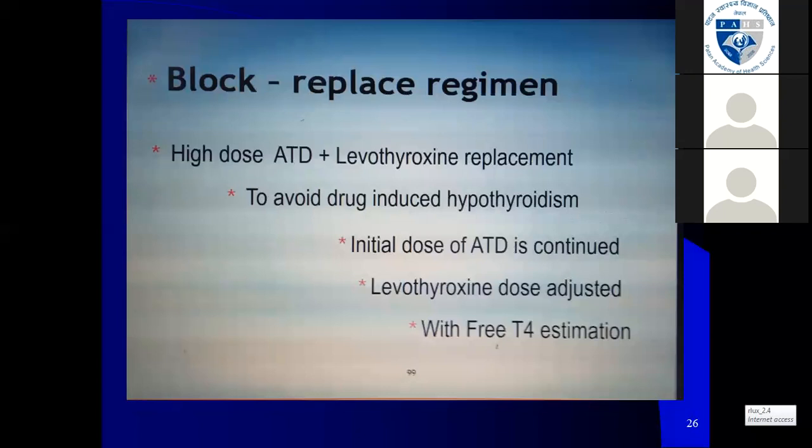In the block and replace regimen, the high dose antithyroid drug is given with levothyroxine replacement, because if you give a high dose antithyroid, the patient might become hypothyroid. So to avoid drug-induced hypothyroidism, we give levothyroxine. The initial dose of antithyroid drug is continued, and the levothyroxine dose is adjusted with free T4 estimation.